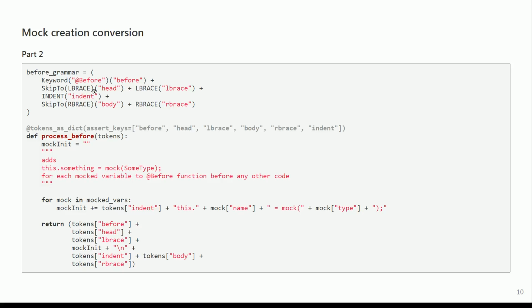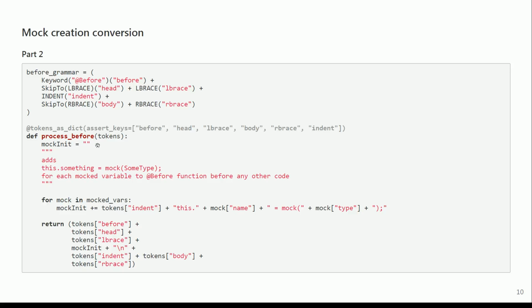Then we skip to left curly brace, which is where the definition of the function starts. Then we grab the left curly brace. We need the indentation because we're going to use that. We skip to the right curly brace because that's the whole body. We don't need to modify it at all. And we grab the right curly brace.